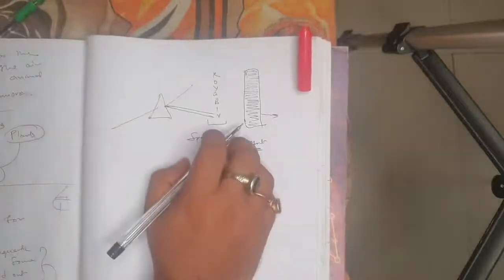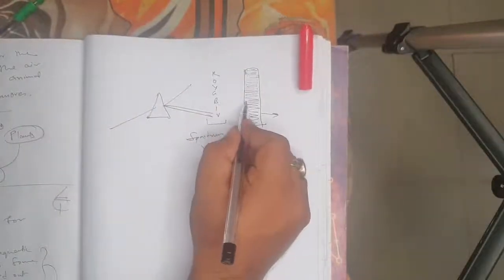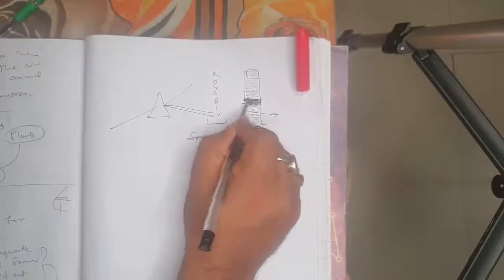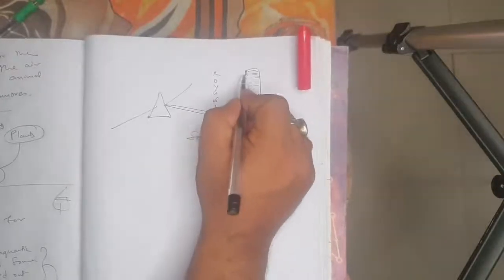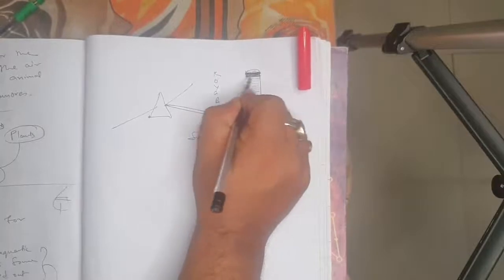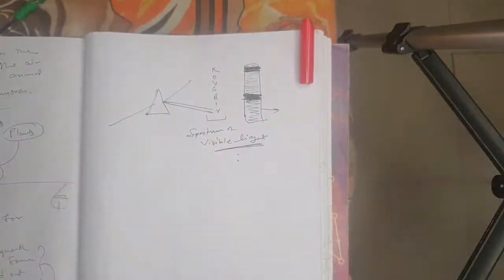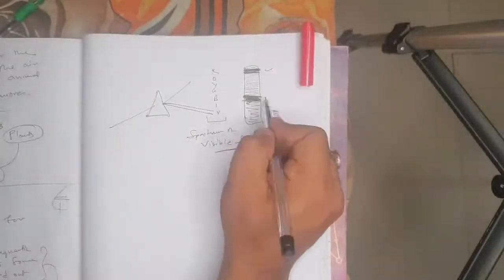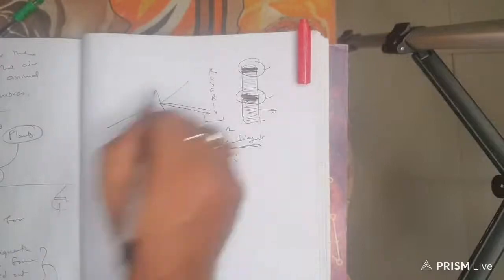It was seen that at the blue region there was more deposition of Cladophora, and at the red region there was more deposition of the Cladophora. So from here we can conclude that because there is more deposition or more growth, definitely here photosynthesis is more.